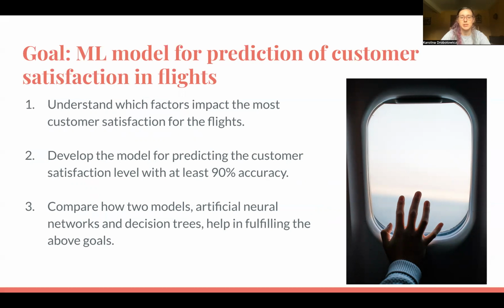We chose 90% accuracy because for the same data set, this was the accuracy obtained. And we want to compare how two models, the artificial neural networks and decision tree, help in fulfilling the above goals. We were really interested in trying them both.